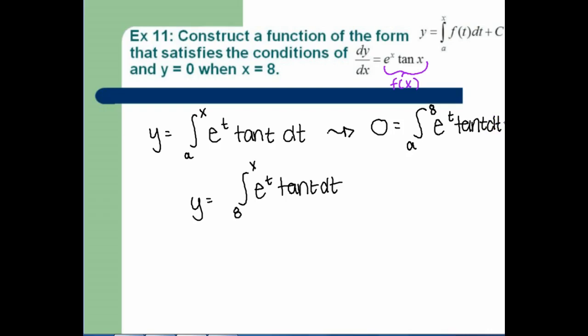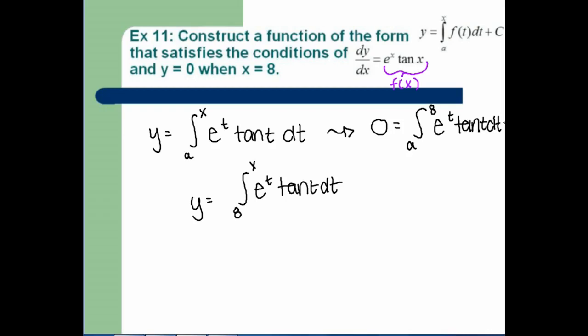When they give you this initial condition and these initial values, we want to plug them into our formula. Plug in 0 for y, plug in 8 for x, and go backwards and solve for a. What's nice is that oftentimes when we solve for a, we're going to get a to be the same as our x. The only time it really changes is if you have some goofy, crazy functions where y isn't 0. So go ahead and take a minute and solve that for a.